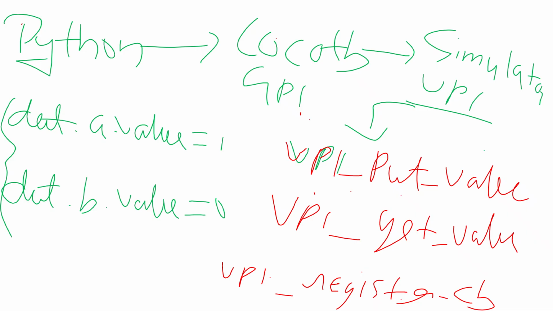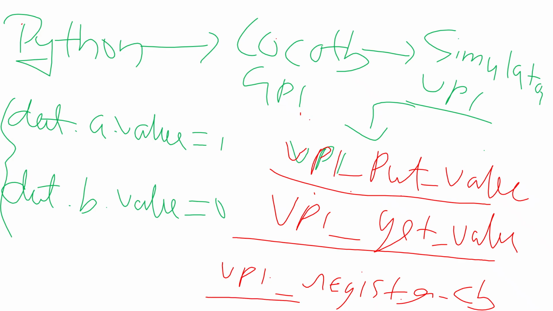To write the signal on RTL, we use VPI put value, and if we want to read the signal from RTL, then we use VPI get value. And if in my test bench there is any timing construct like await rising edge or timers, then my Cocotb just pauses and control goes to the simulator through VPI register callback.